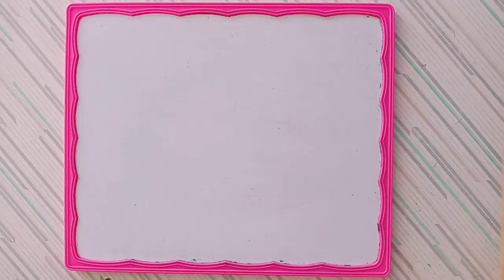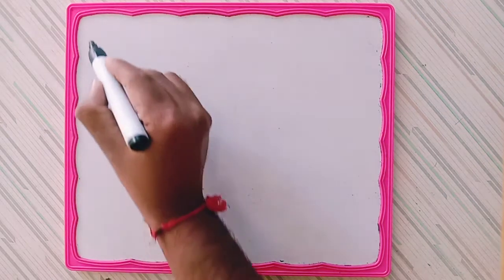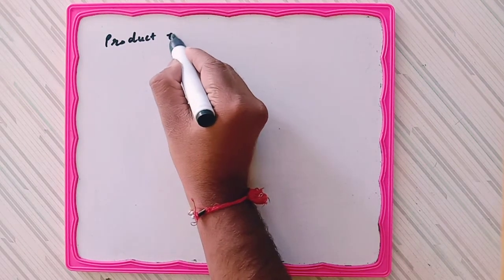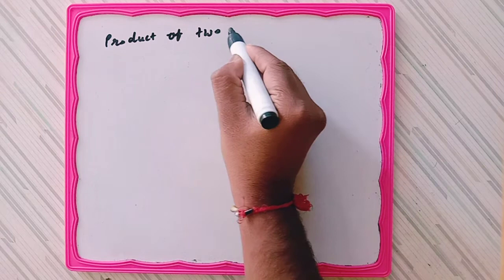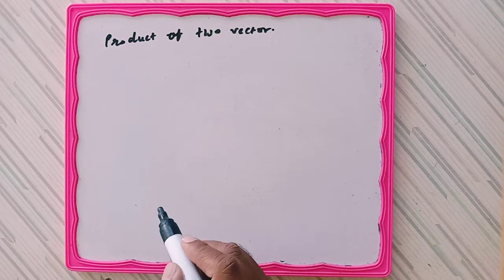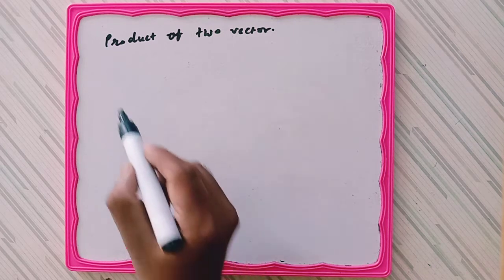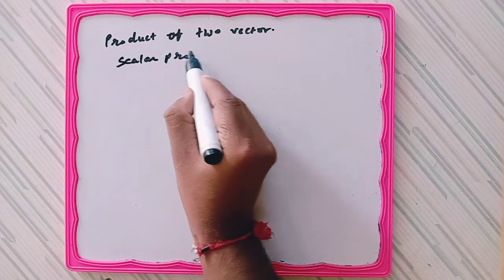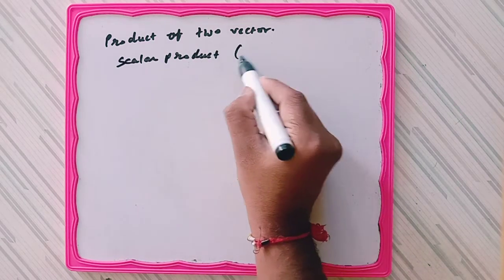Hello students, in this session, in chapter 10 of class 12, we will study the product of two vectors. So first we will study about scalar product, which is also known as dot product.